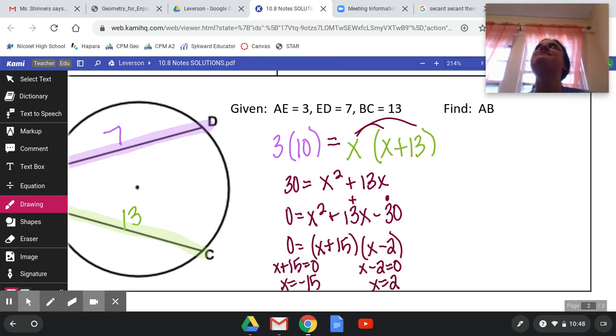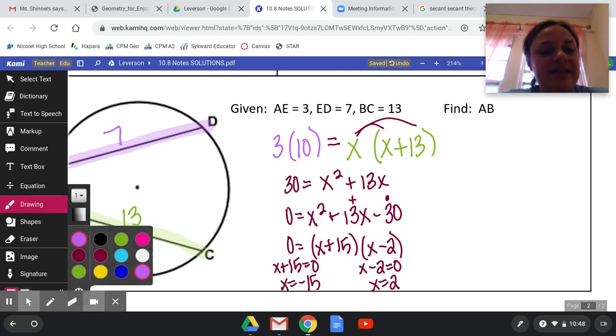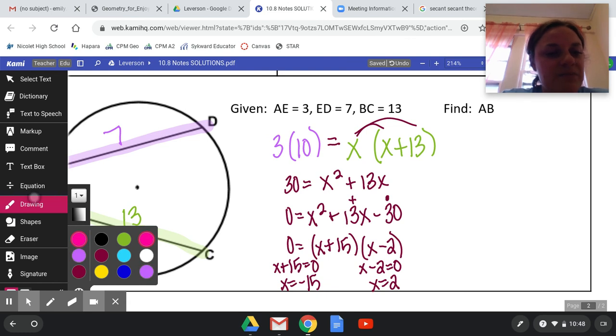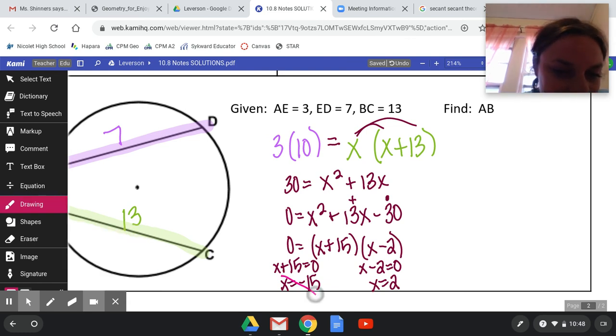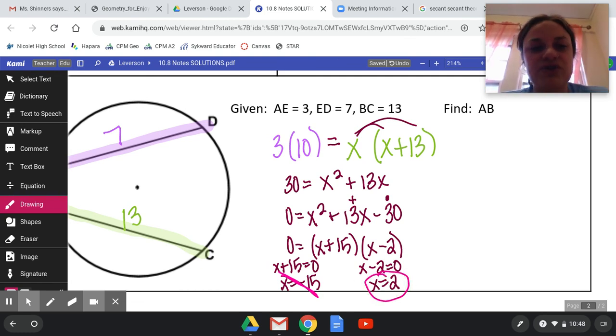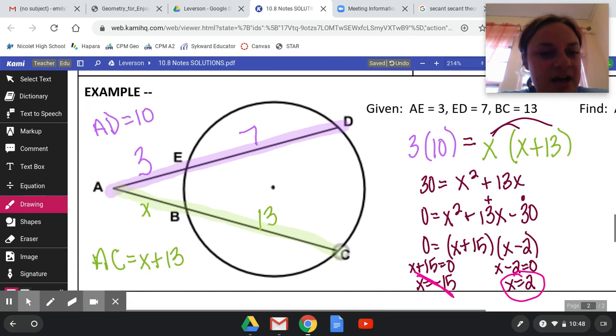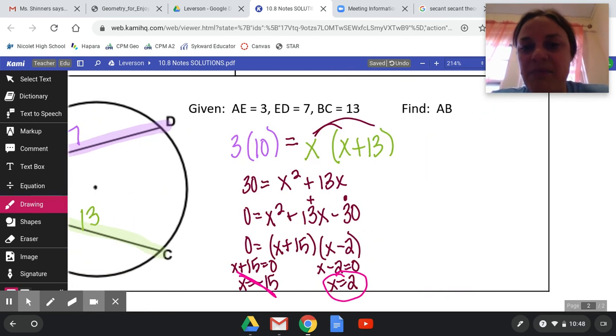Once again, I have spotted a problem. I am looking for the length of a line segment, and the length of a line segment cannot be negative. So that eliminates negative 15 as one of our possible answers and gives us X equals 2. Must be our answer. And I did set X equal to AB, which is what we were looking for. So AB is 2 units.